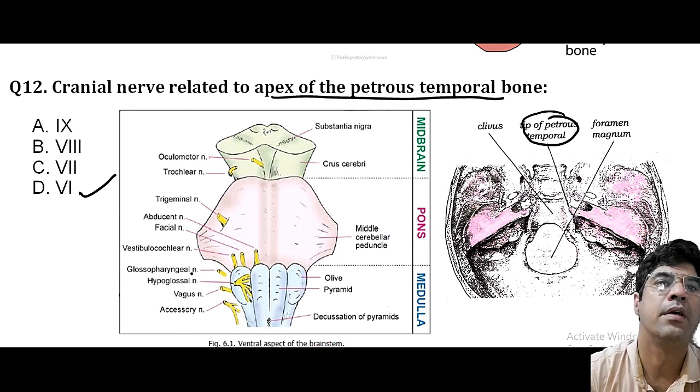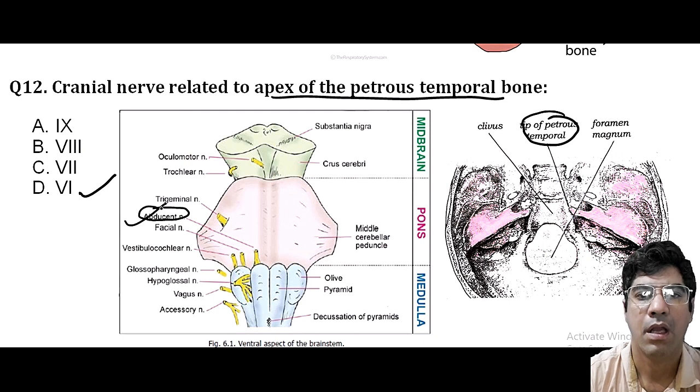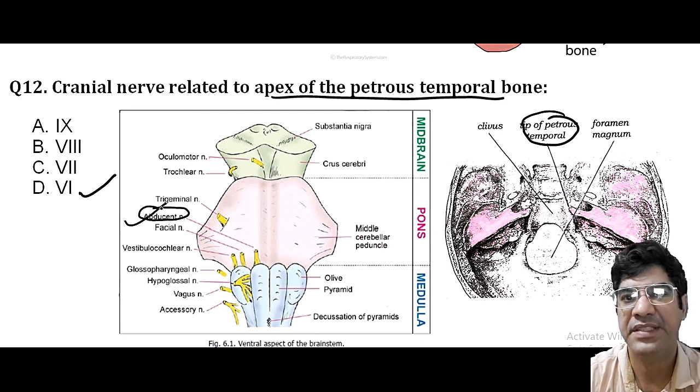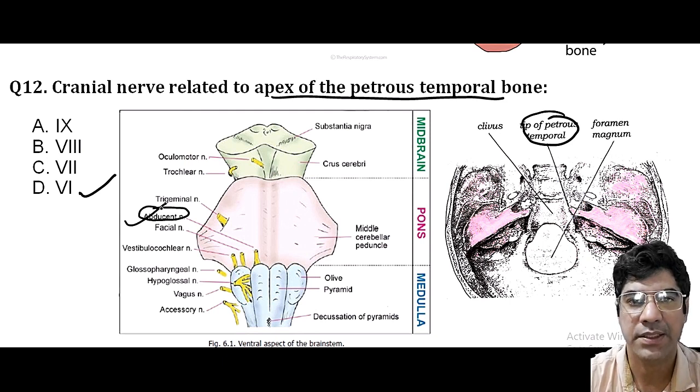The abducens nerve arises from the pontomedullary junction and exits the brainstem at the junction of pons and medulla.